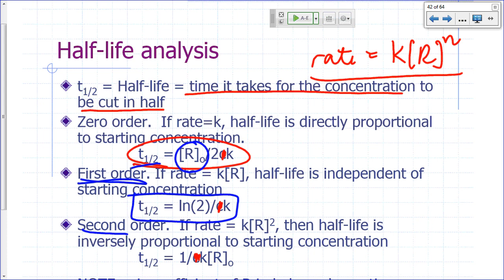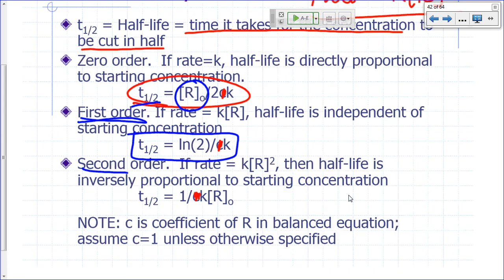Finally, if it's second order, n equals 2, you will find that the half-life is inversely proportional to the starting concentration. In other words, the higher your starting concentration, the shorter the half-life. So what happens as the reaction progresses? Your concentration drops, right? So it's going to take longer for that to get cut in half. All right.